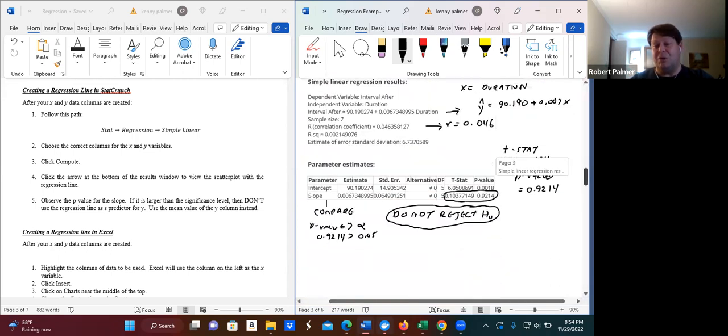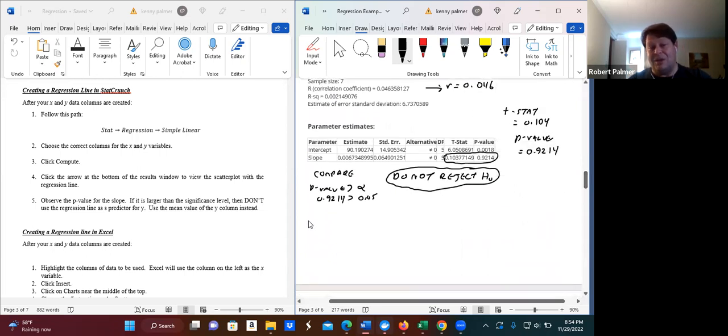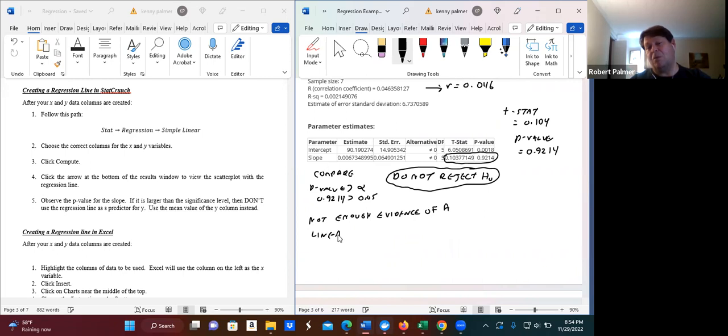So don't reject H0. What that means then is there's not enough evidence of a linear correlation.